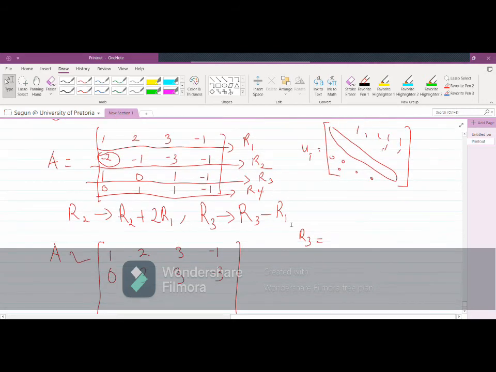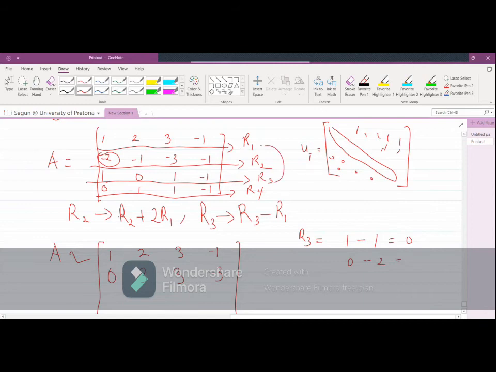So we know our R3 to be what? 1 minus 1 is equal to what? 0. You understand my point? 0 minus 2 is equal. Remember, this is R3. Our R3 minus this. Each of the elements accordingly. So it's going to be what?